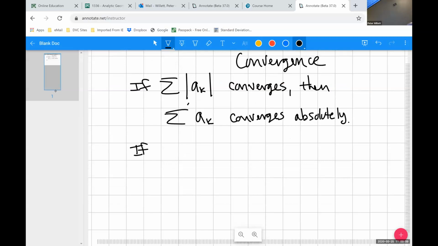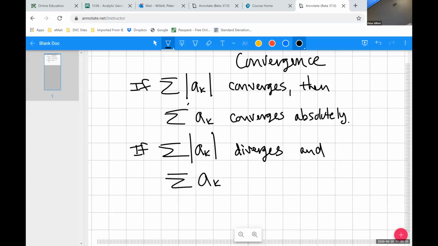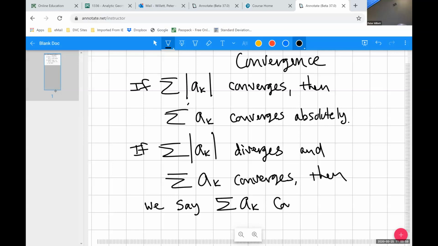Whereas if the series of the absolute value of a sub k's diverges, and the series of the a sub k's converges, then we say that the series of the a sub k's converges conditionally.